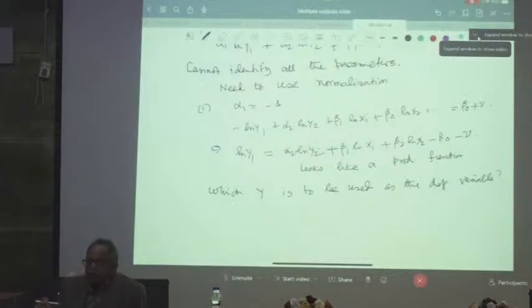If I give you the data and I don't specify which variable is wheat, which is potato, which is tomatoes, and I just have y1, y2, y3, and ask you to do the estimation, the first question would be which one you want to put as the dependent variable on the left hand side.